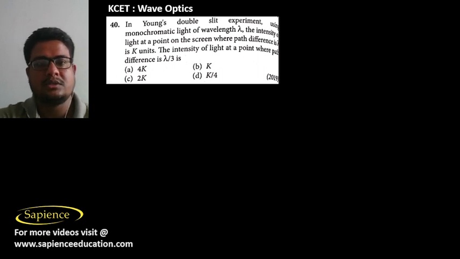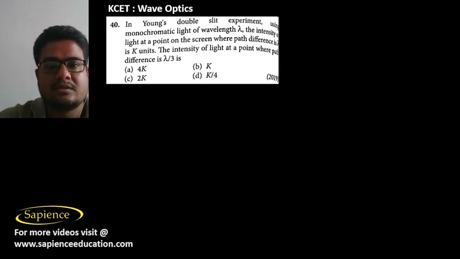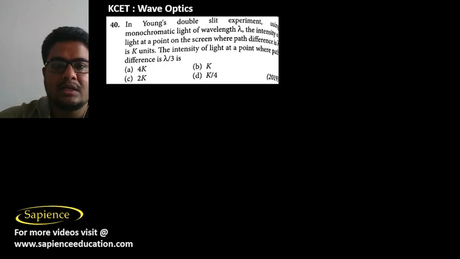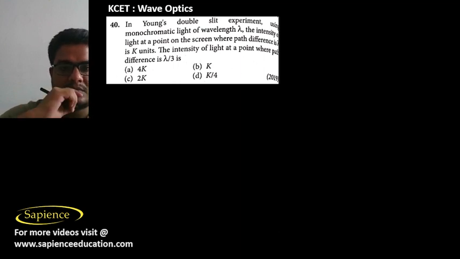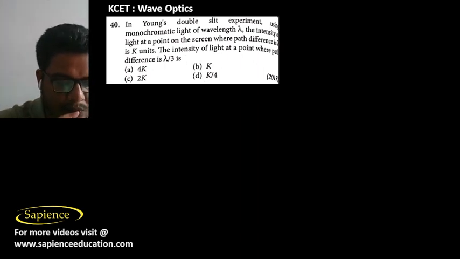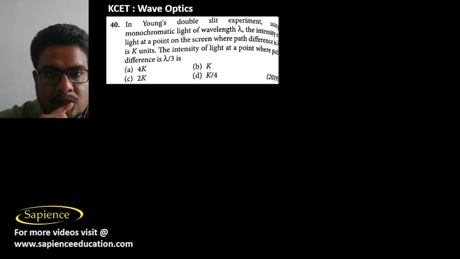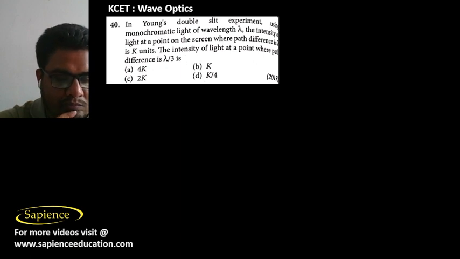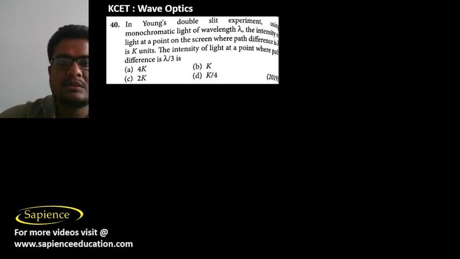And in question number 40, it is told, in Young's double slit experiment using monochromatic light of wavelength lambda, the intensity of light at a point on the screen where path difference is lambda is k units. Okay.